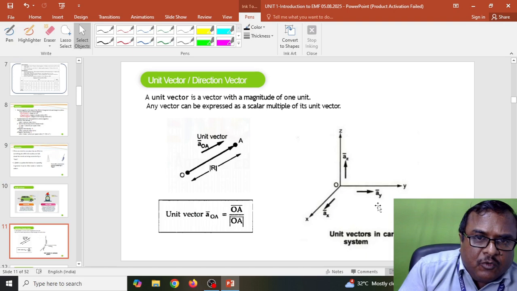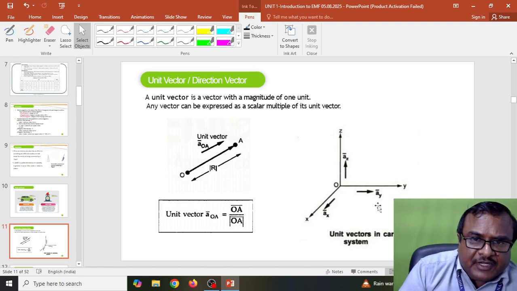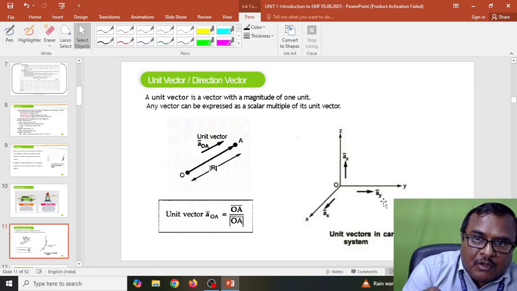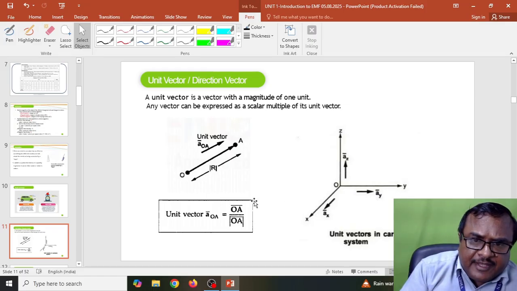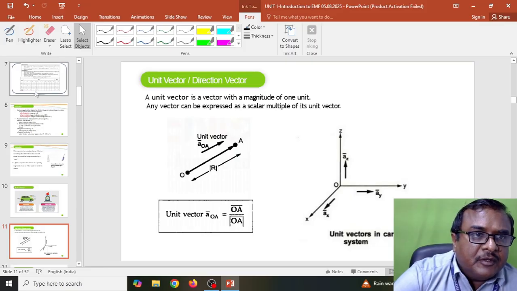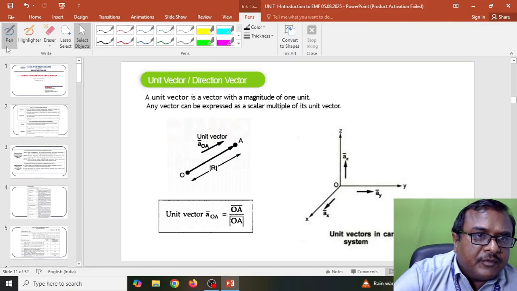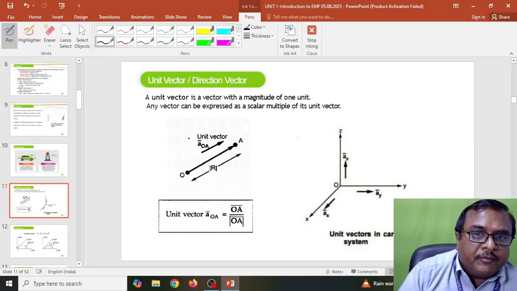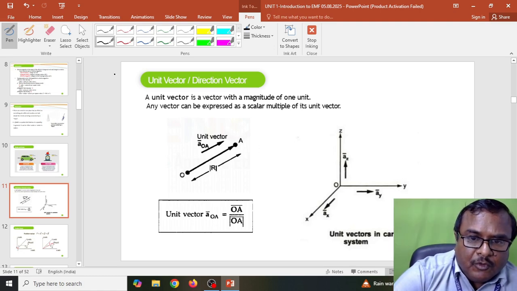Next we are going to define the unit vector. A unit vector is a vector with a magnitude of one unit. Any vector can be expressed as a scalar multiple of its unit vector. Generally, a vector can be represented by OA.